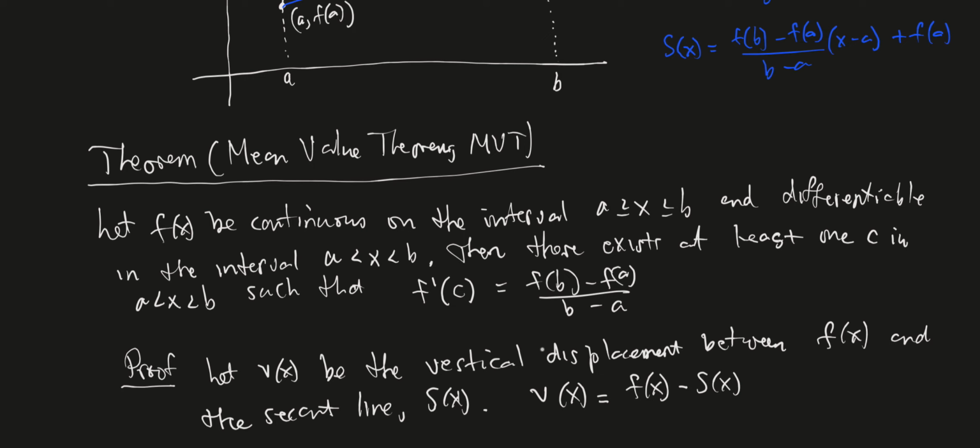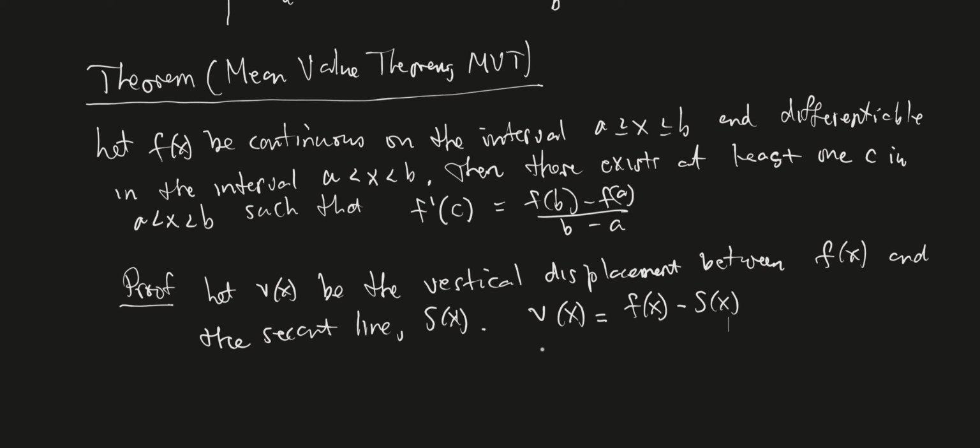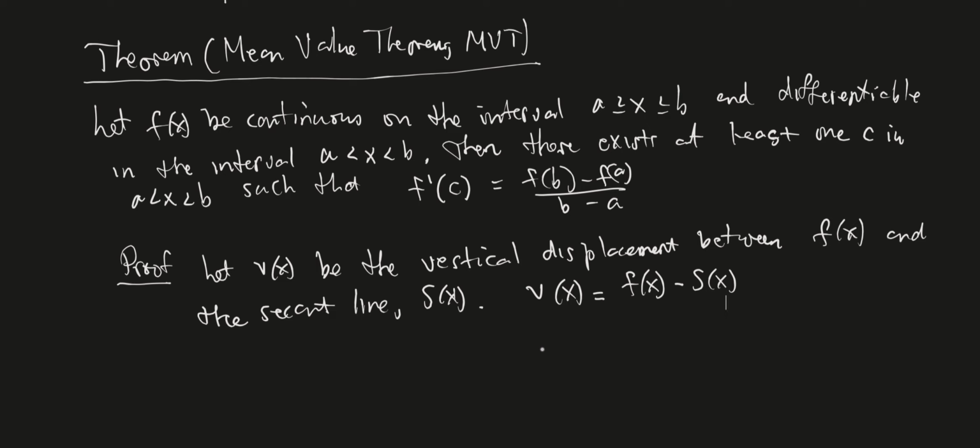Now, if we think about it, f is continuous and differentiable, and we have a linear function. A linear function is a special case of a polynomial, a polynomial with degree 1.